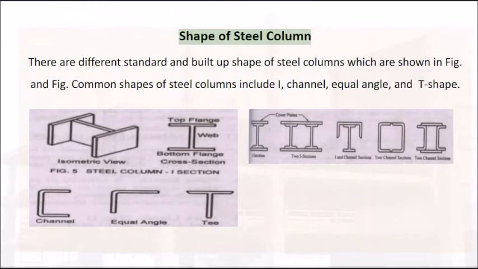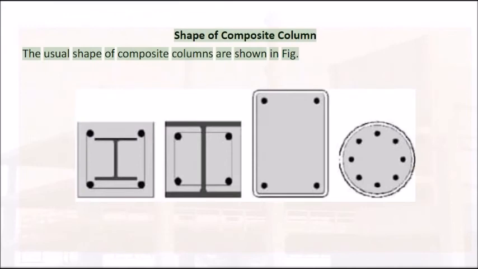Shape of steel column. There are different standard and built-up shapes of steel columns which are shown in the figures. Common shapes of steel columns include I, channel, equal angle, and T-shape. Shape of composite column.